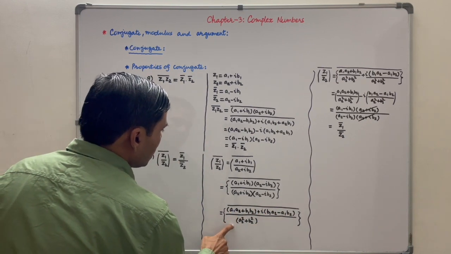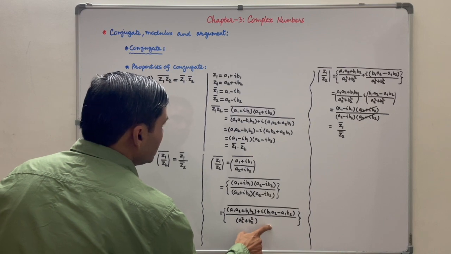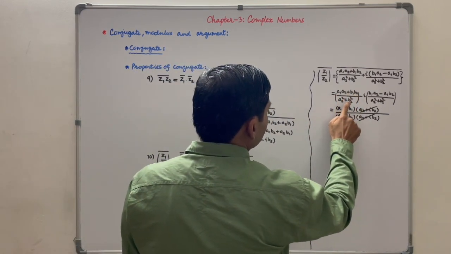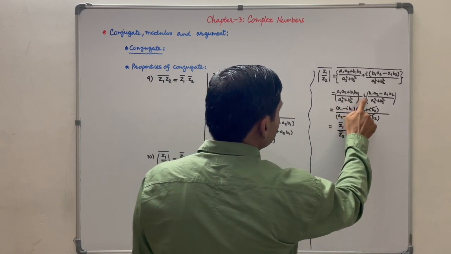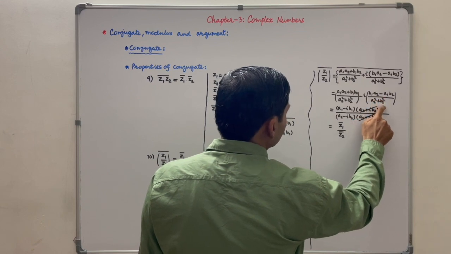Now we will write this complex number in standard form and take the conjugate of it. So it will become a1 a2 plus b1 b2 upon a2 square plus b2 square minus i into b1 a2 minus a1 b2 upon a2 square plus b2 square.